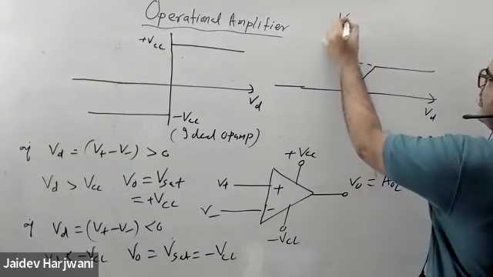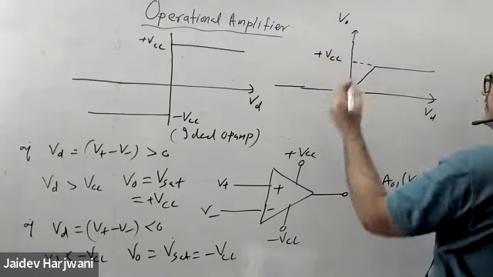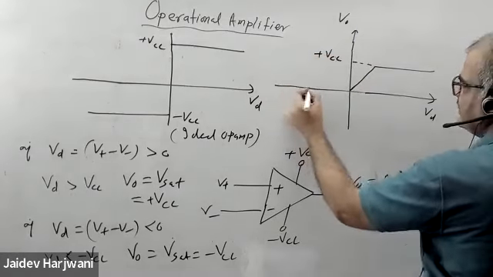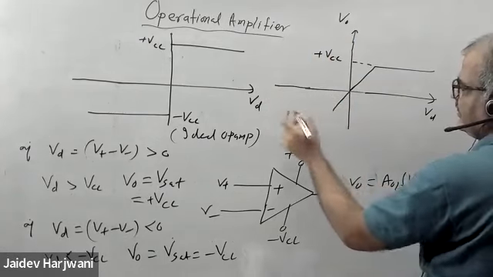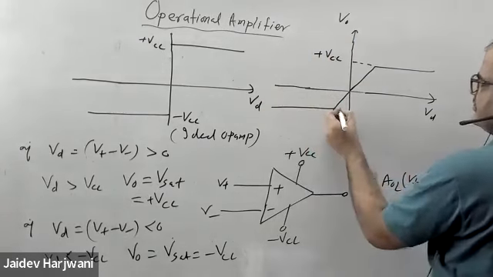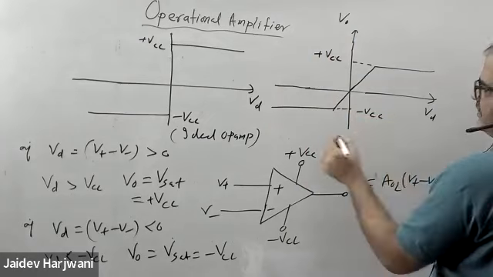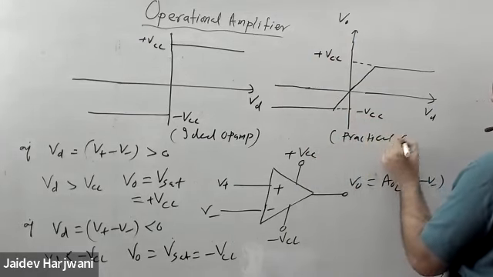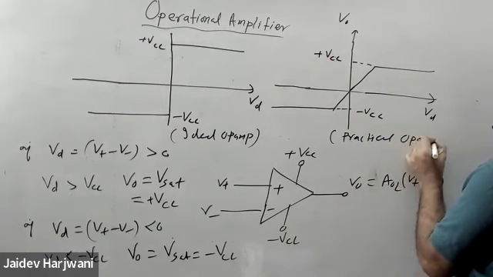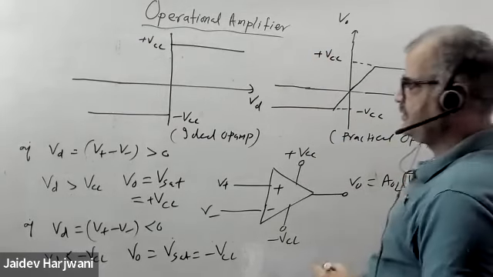This is your output V naught. Similarly, this happens for the negative side also. For some difference, it gets amplified linearly and then it gets saturated to minus VCC. So this is your practical operational amplifier.